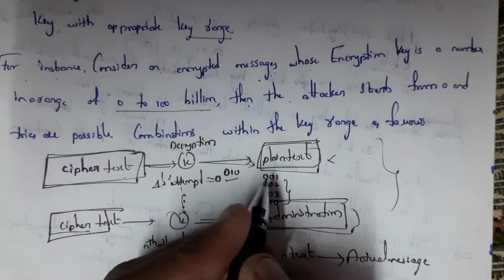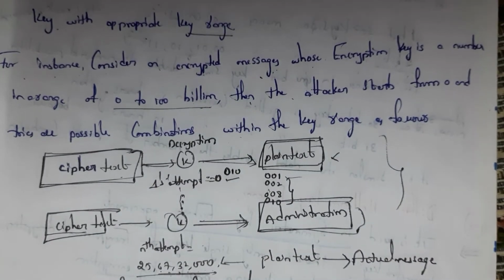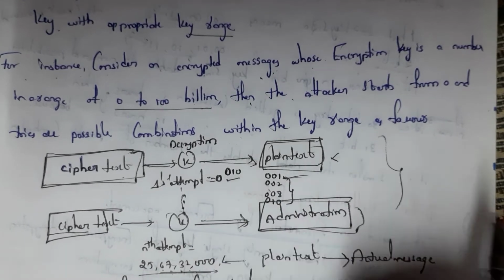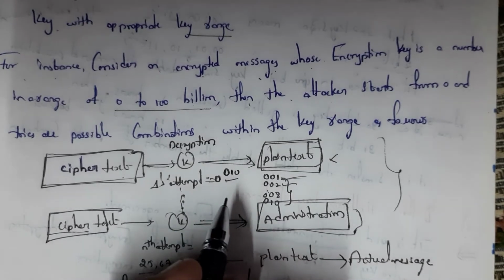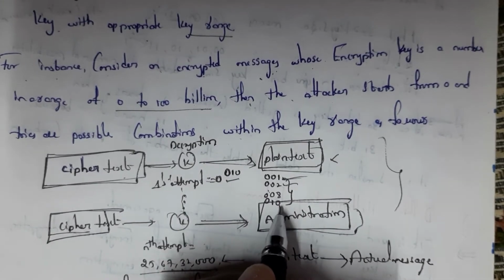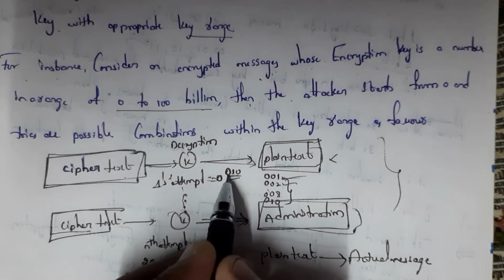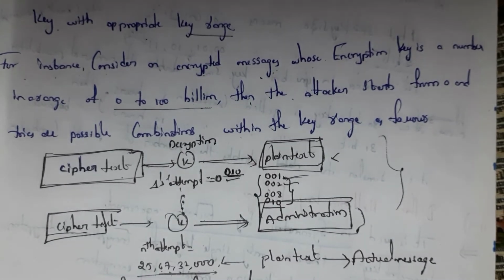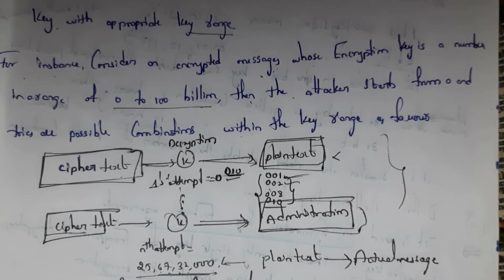That means at the 10th attempt this attacker gets the password. In the first attempt this attacker entered 1, in the next attempt the attacker entered 2, and similarly at the last, 10th attempt, the attacker enters 010. So this is how an attacker tries to break an encrypted message.